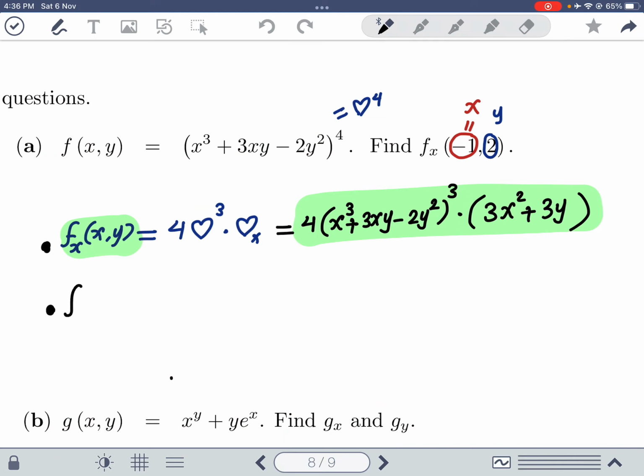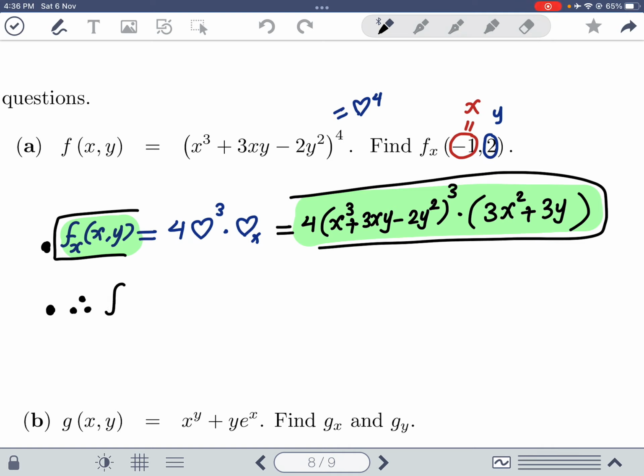Then now f_x, you can say even "therefore", so people understand that you computed something ahead of time that gave you this. You say therefore, because of my computation here, I can conclude that the partial derivative of f with respect to x at the point (-1, 2) is 4, and then now substitute things, cubed.